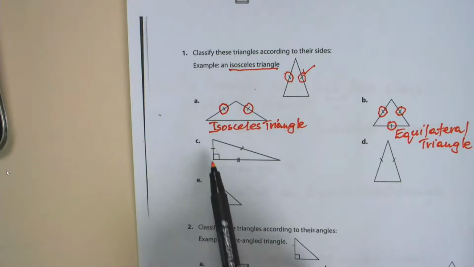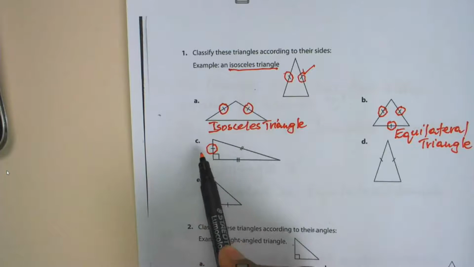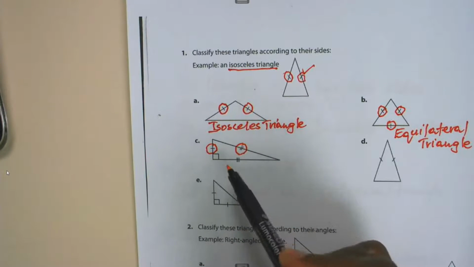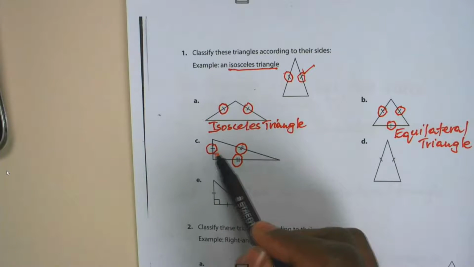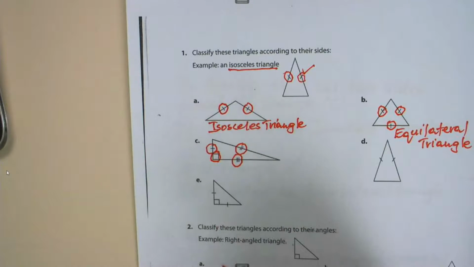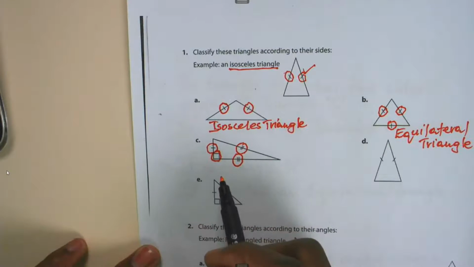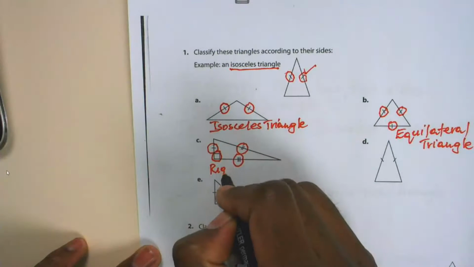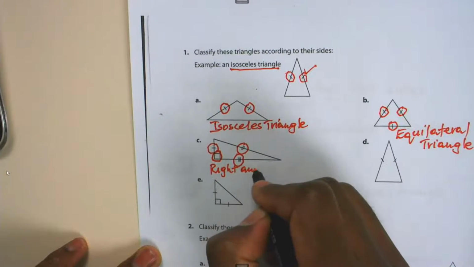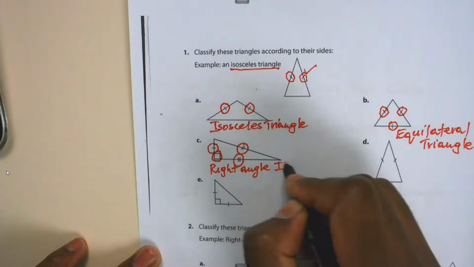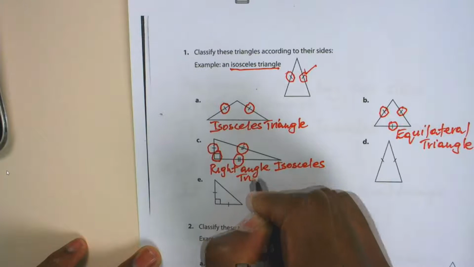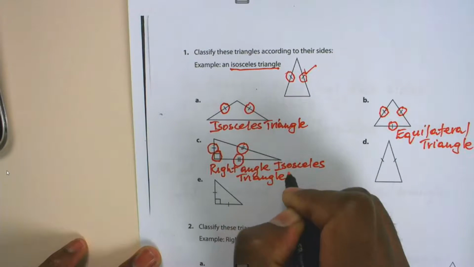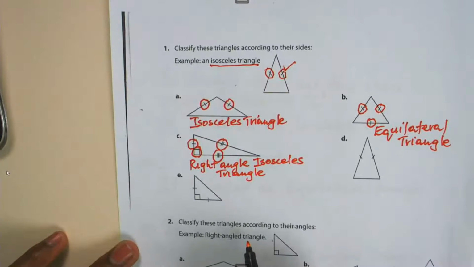Let us look at number C. There is a mark here, 2 markings there, 3 markings there, and there is also a right angle here. Remember when we were explaining under the vocabulary, if it is like this, it is called a right angle isosceles triangle.